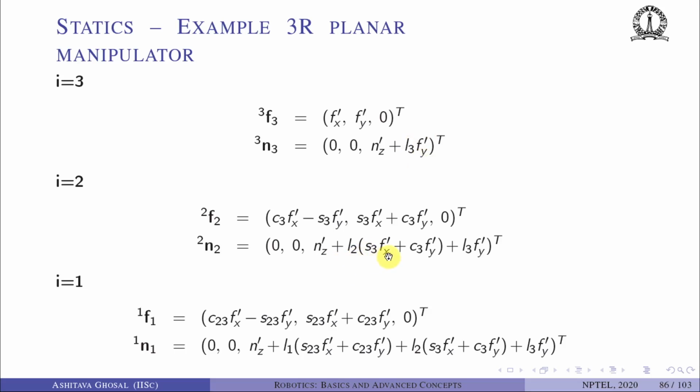So L2 S3 Fx prime plus L2 C3 Fy prime. Finally, we can substitute i equal to 1 in the recursion formula, and we can get 1F1 and 1N1. Okay, so 1F1 is cosine theta 2 plus theta 3 Fx prime minus sine theta 2 plus theta 3 Fy prime, and so on. And similarly the moment is nz prime, then L3 Fy prime, then this term, and then one more additional term due to L1.